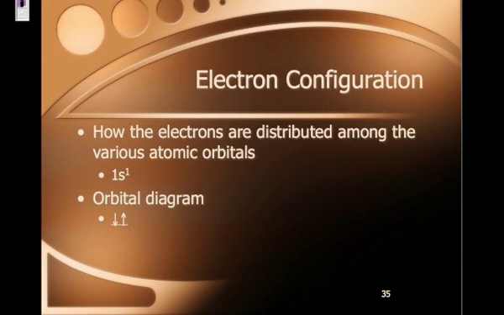We can also do an orbital diagram, and right underneath the line there should be a 1s. You should always label what orbital it is. And there are 2 electrons here in the 1s sublevel, so that would be helium. We have opposite arrows, up and down, because we have 2 electrons with opposite spins. So you can't have 2 up arrows or 2 down arrows because they have to have opposite spin.